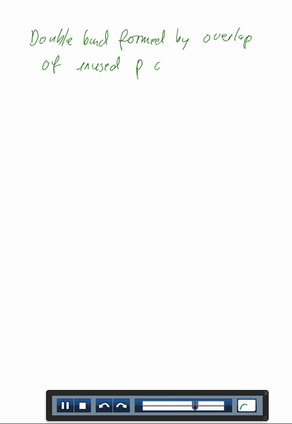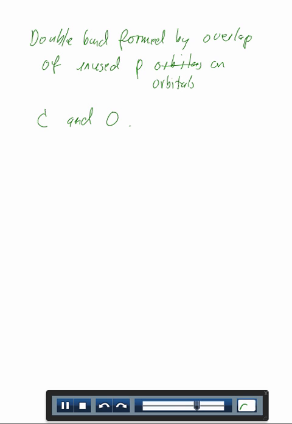So the double bond is formed by overlap of the unused p orbitals on carbon and oxygen.